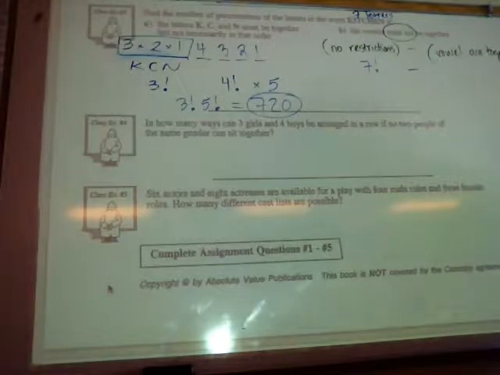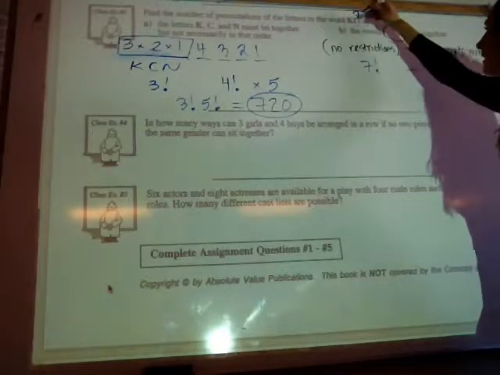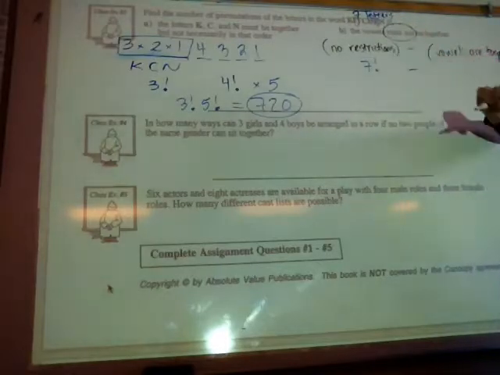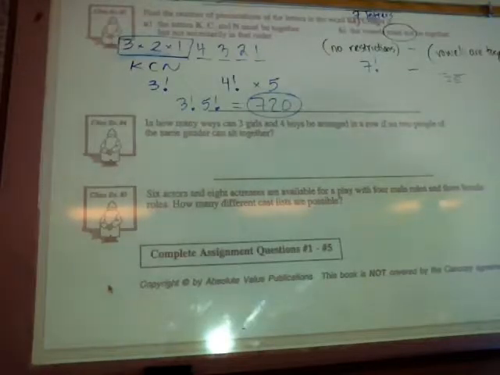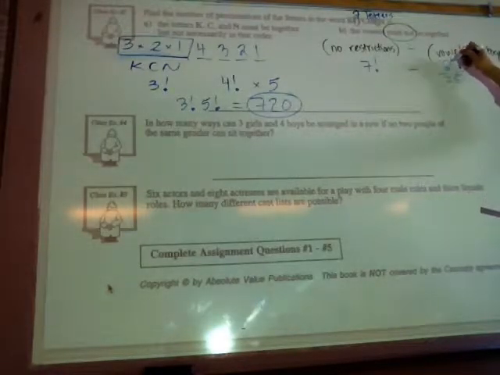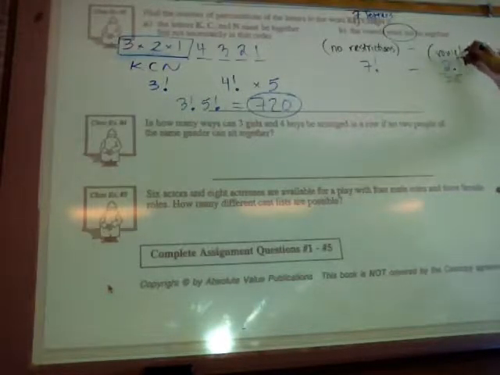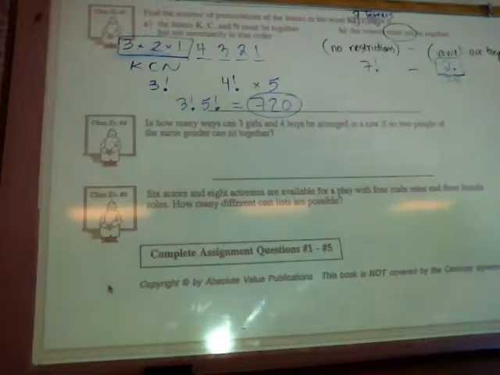Now let's look at the scenario if the vowels are together. In kitchen we have vowels I and E. So that's going to be 2 factorial. And then we have 5 letters left, right?